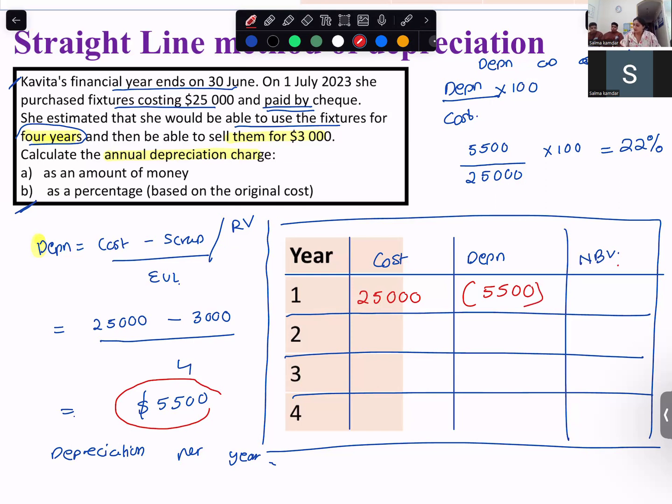I will get the net book value. Cost minus depreciation gives me net book value. Net book value is called the reduced value. So cost minus depreciation, net book value, comes up to how much? Can you tell me?